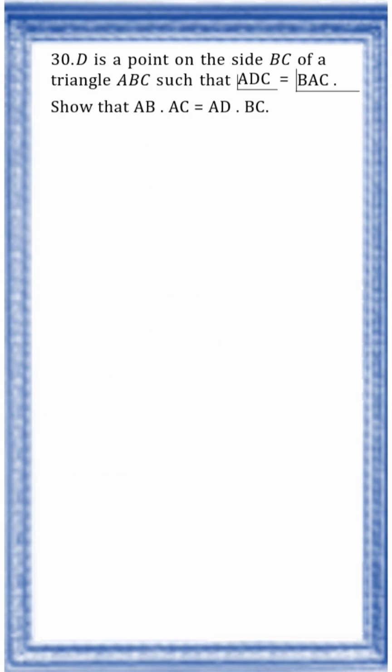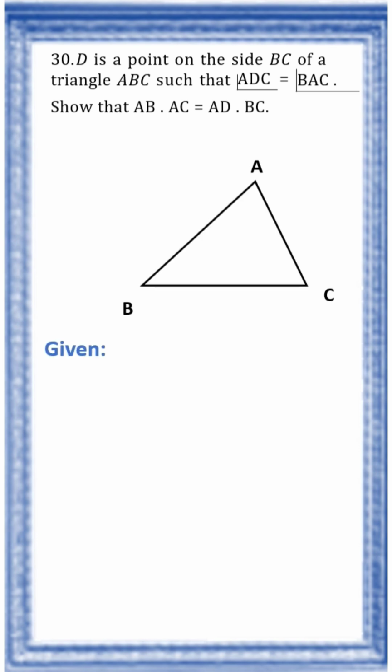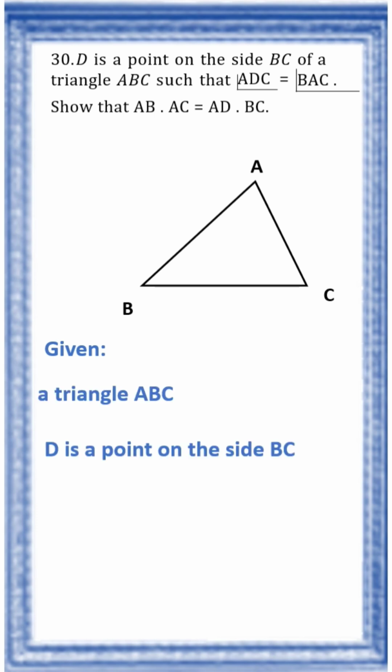Now let us solve the 30th question. D is a point on the side BC of a triangle ABC such that angle ADC is equal to angle BAC. Show that AB into AC is equal to AD into BC. Now let us have a figure. Triangle ABC. Here D is a point on the side BC.